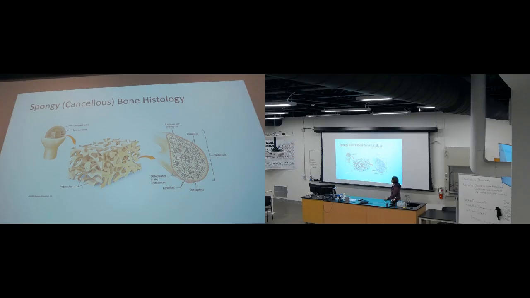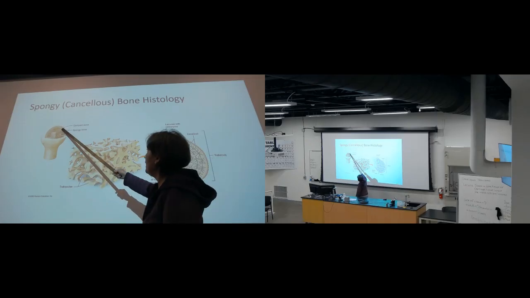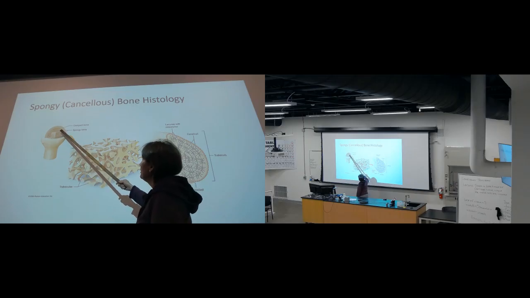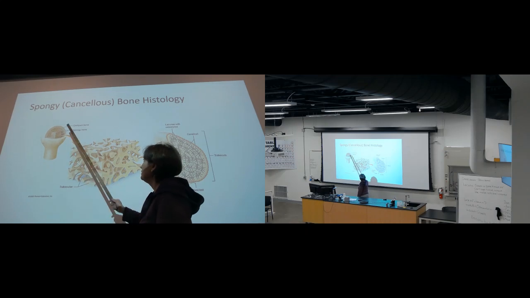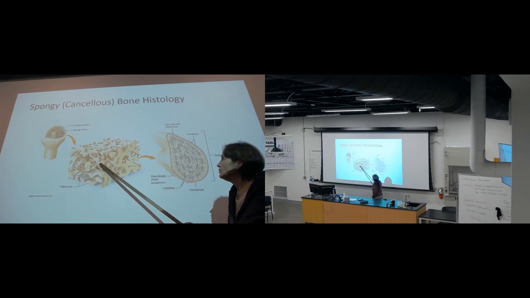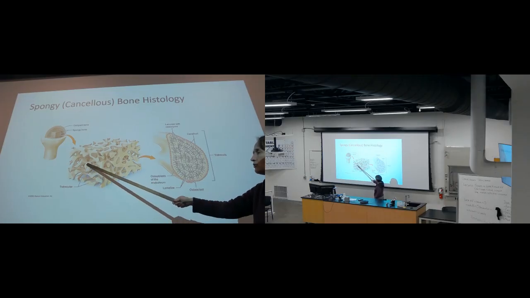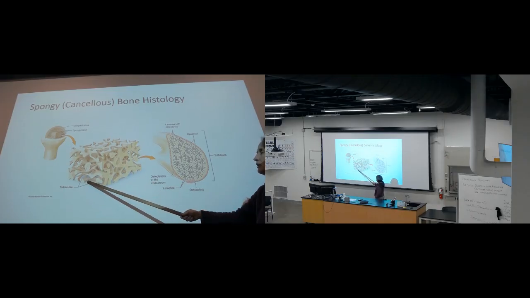Now for a spongy bone or cancellous bone. If you look, this is one of the epiphyses. You have compact bone outside and spongy bone in the middle. And if you magnify a piece of spongy bone, you can see these struts or trabeculae.